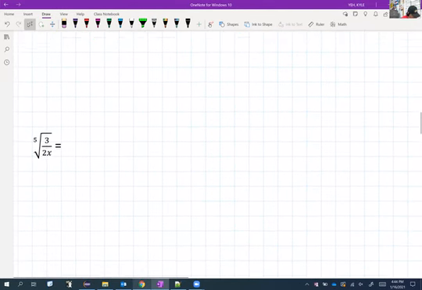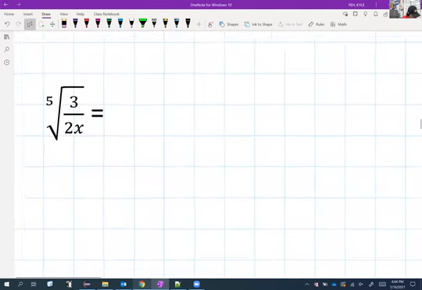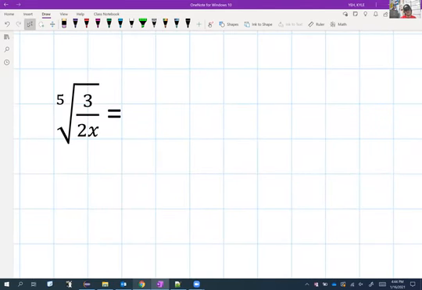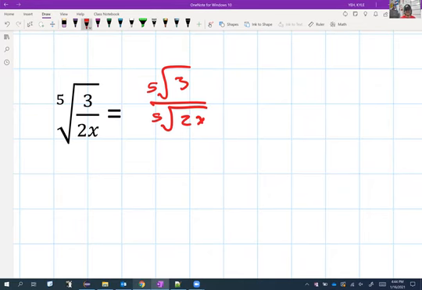Okay, so right here, it's a 5th root. Okay, awesome. 5th root of 3 over 2x. Well, top and bottom, I'm going to get 5th root of 3 over 5th root of 2x. I need to multiply this how many times?